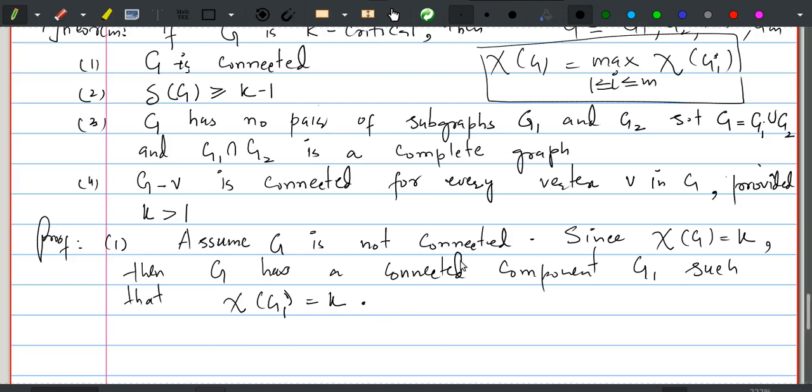Now let us consider a vertex V in G which is not in G1. So let V be a vertex in G such that V is not a vertex of G1.